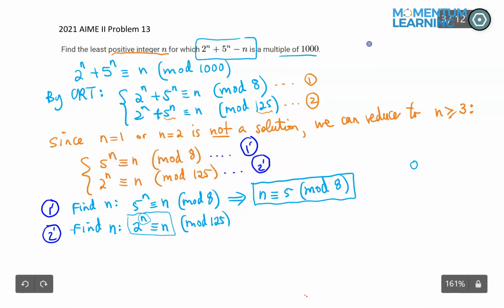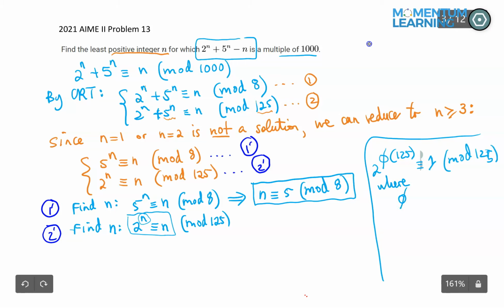Do you guys agree? So let me just open a kind of imagination box here. Where phi is the totient function, do you guys agree that, for instance, 2 to the phi of 125 is congruent to 1 modulo 125? This is true by what? By Euler's theorem.